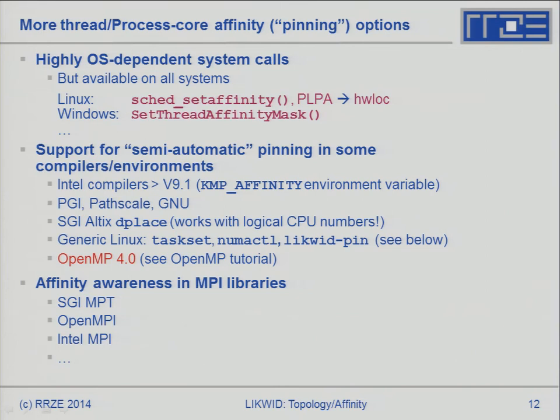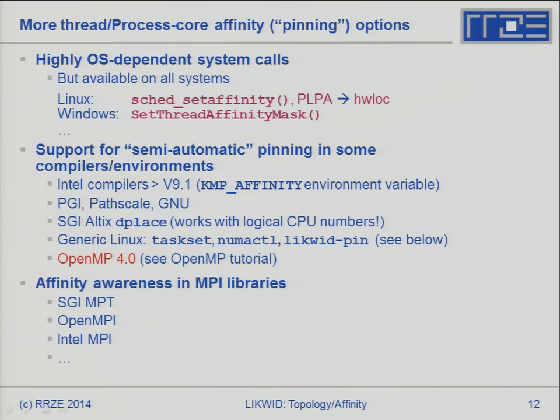For example, you can say I only want my threads to run on the physical cores of the socket, or on all the virtual cores, or I want to leave every other core empty. Very complicated things. PGI, Pathscale, and GNU all have this. In SGI, there's a tool called dplace which can do it. And OpenMP 4 has some facilities for that.